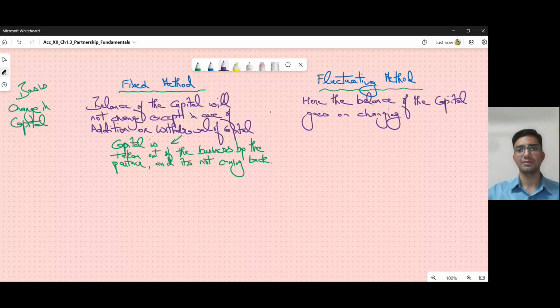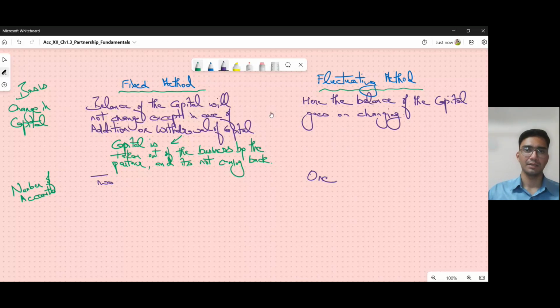The second basis to differentiate is the number of accounts. So how many accounts do we make? In the fixed method, we make 2. In the fluctuating method, we make 1.